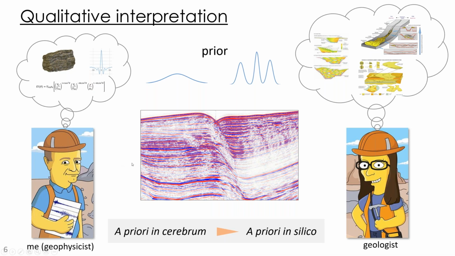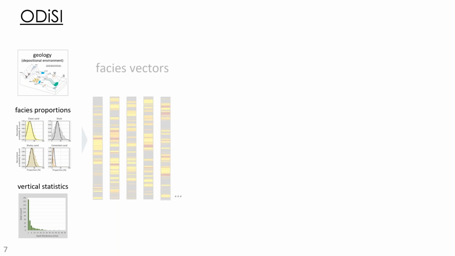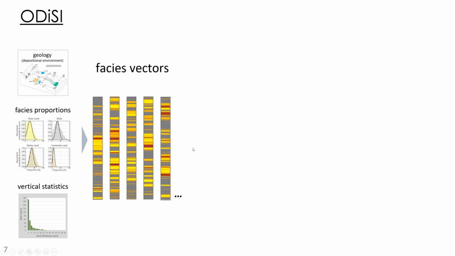And that's what ODiSI does. It starts off with a geological model, from which you can derive things like our expectation of the facies, the proportions of the facies, the vertical statistics, and just as Lisa described, from that we can come up with potential facies vectors, huge numbers of them. There are lots and lots of possible models.